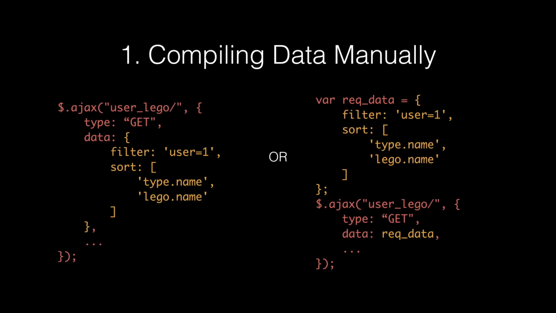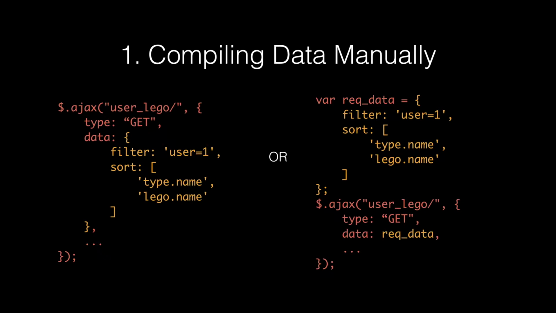So that first one is compiling the data manually. So what you can see here is I'm using the AJAX method to send a GET request to the user Lego endpoint. And for the data, I'm passing in an object that has a filter property and a sort property. And in both of these cases, I am just using straight up strings to specify exactly what I want.